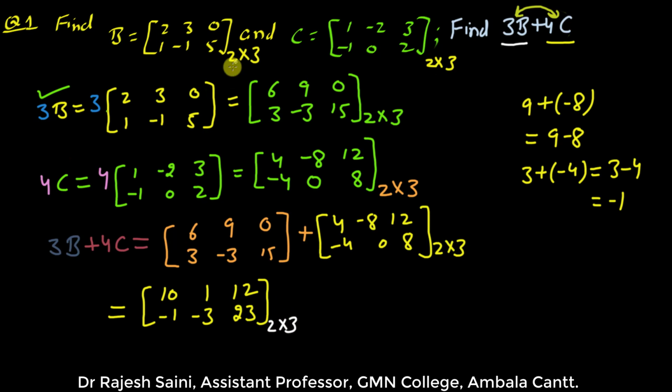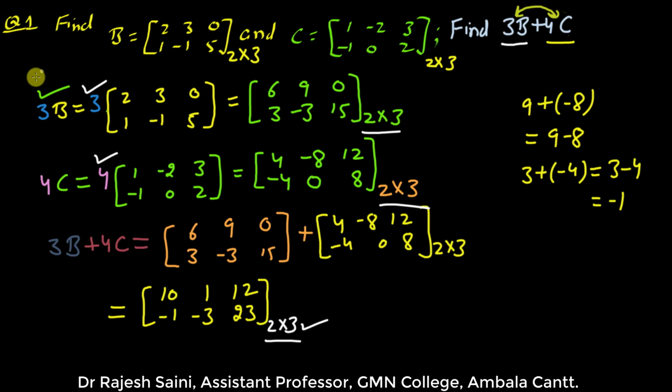Therefore, we have added 2 by 3 matrices and the resultant matrix is also of order 2 by 3. So this is the required matrix 3B plus 4C, and in this we have used two concepts. First one is scalar multiplication, in which we have multiplied B with a scalar quantity. Here 3 is a scalar quantity, 4 is a scalar quantity.